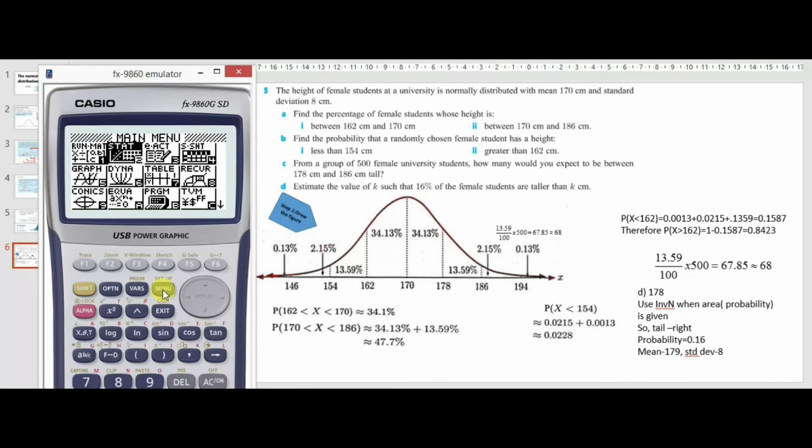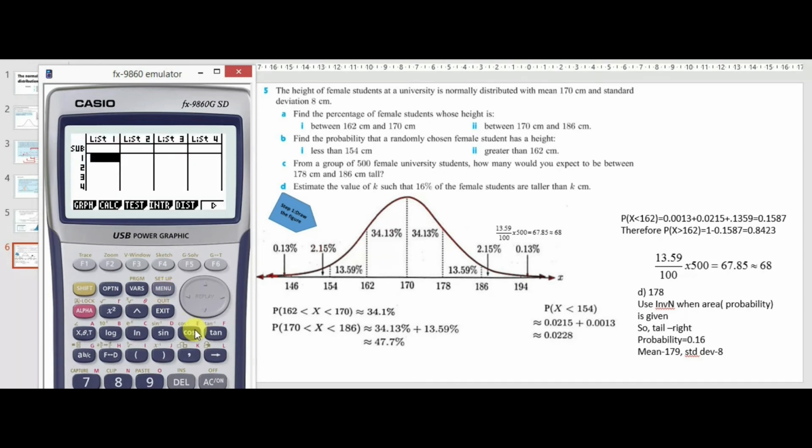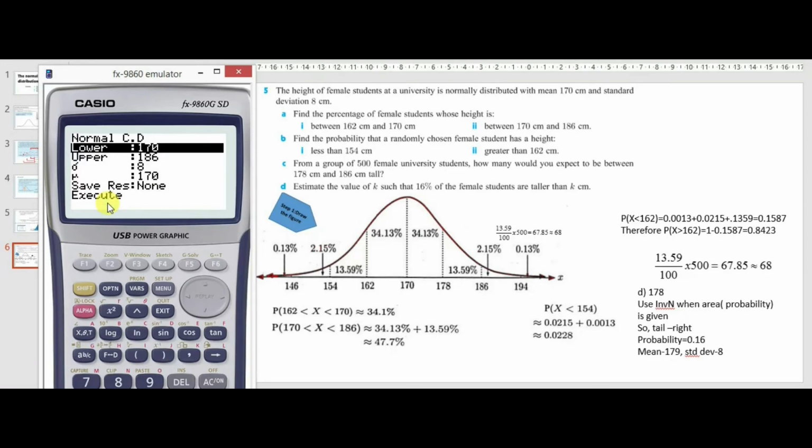Okay, I'll show you how to do the calculation for 5B using a calculator. Go to stats, go to distribution, normal, NCD. Now the value is less than 154. So my lower can be 0 and the upper is 154.